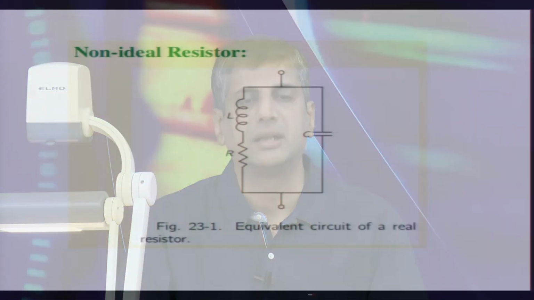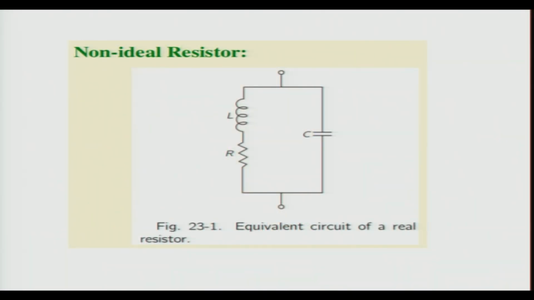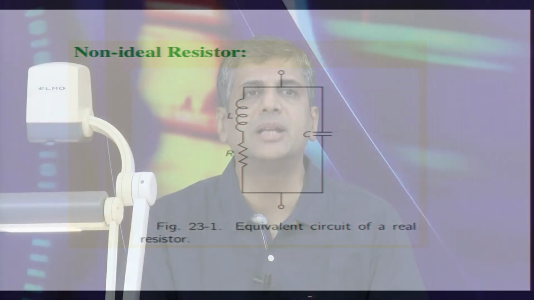We continue our discussion on circuit elements. We first discussed in the last two lectures about ideal circuit elements. For example, an inductor was essentially a coil of wire, and we assume that in that coil of wire there are only magnetic fields.